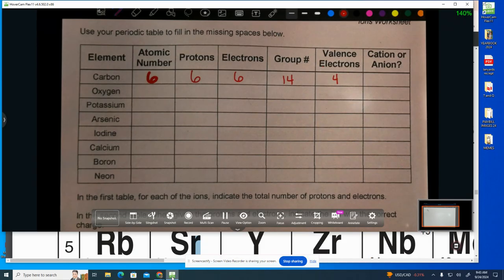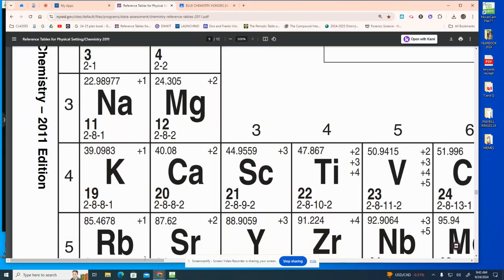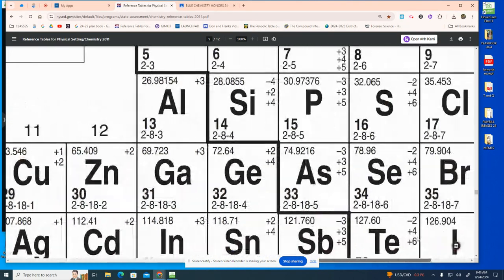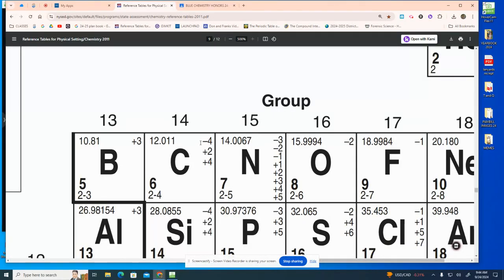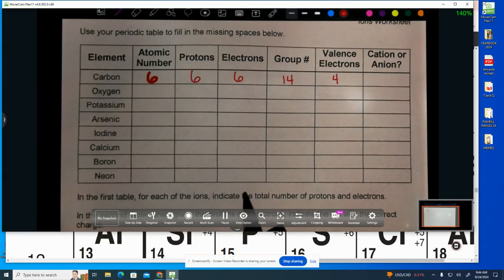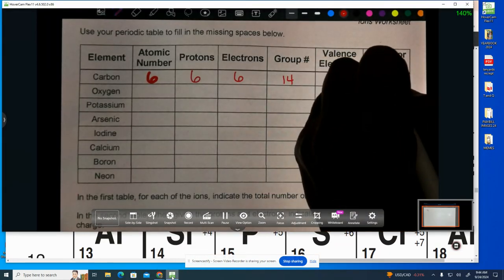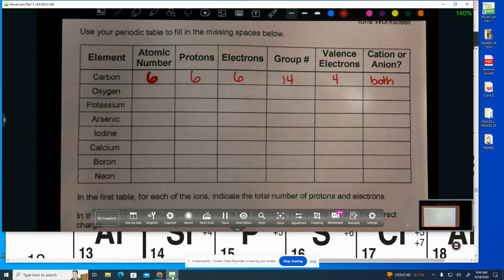Can it make cations or anions? When you look in the upper right-hand corner, there are 3 numbers up there. These are the possibilities of what carbon can do. Carbon can gain 4 electrons, lose 2, or lose 4. The top number is what it does 99% of the time. But in this case, we're going to write that it is going to be able to do both. It can make both cations and anions.